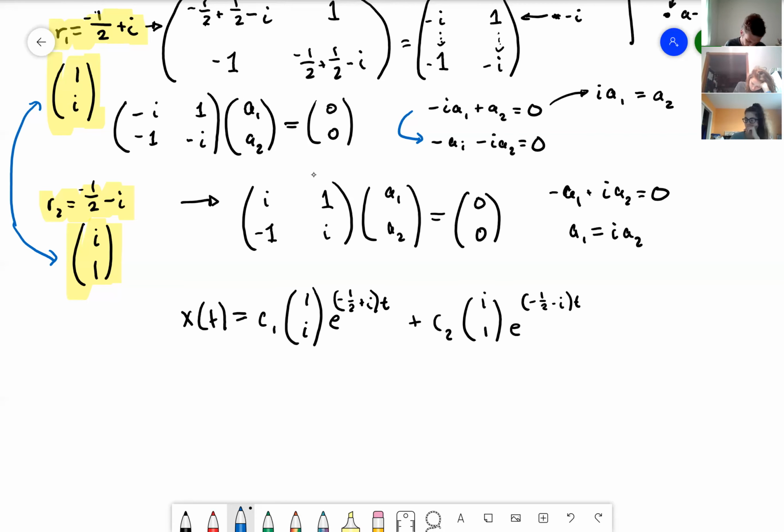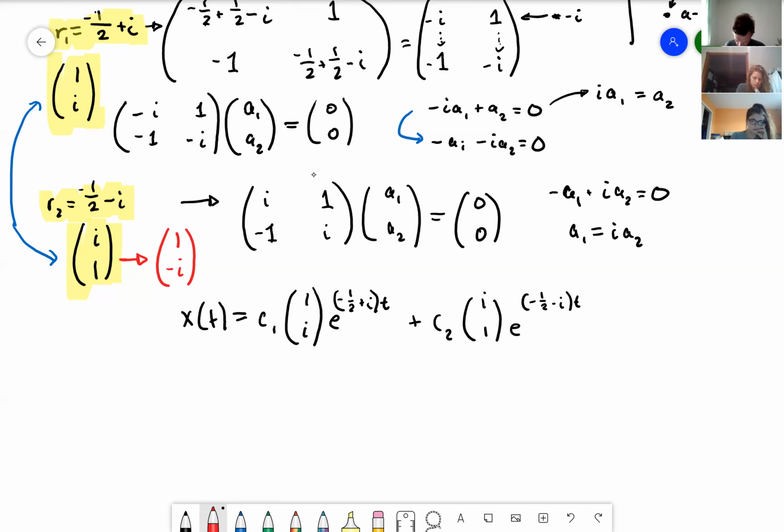If I did that, I would have the first entry be 1 and then see what the second entry would be. So I'm going to multiply this one by -i, and so I get i times -i, 1, and here I get -i. And that's the eigenvector that I'm going to use instead.